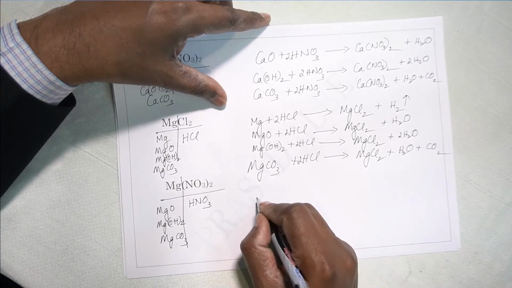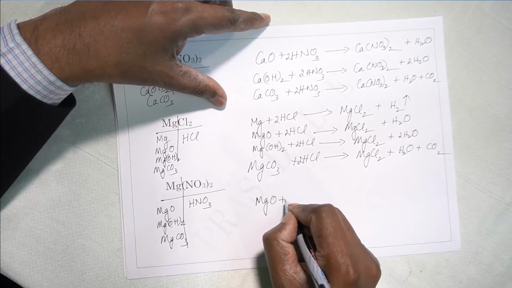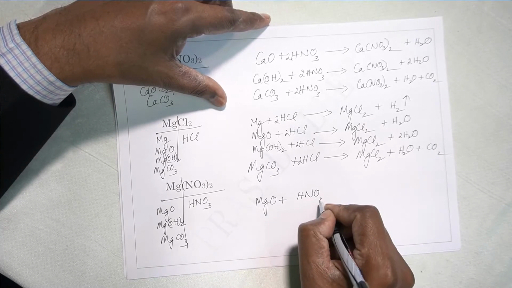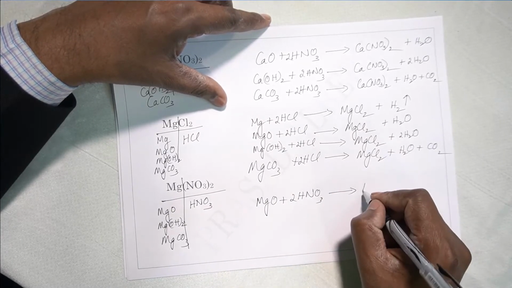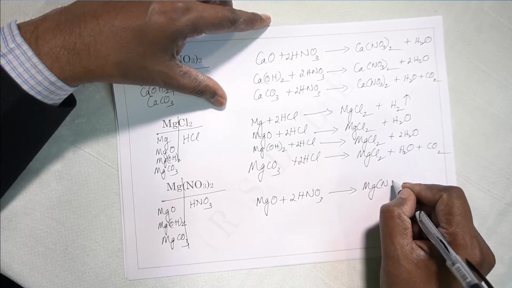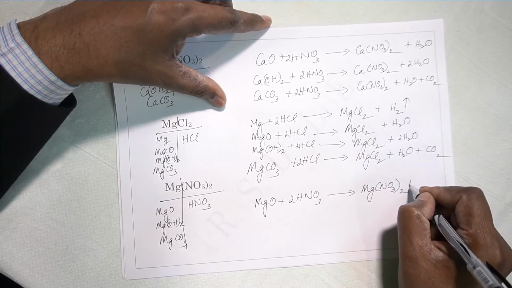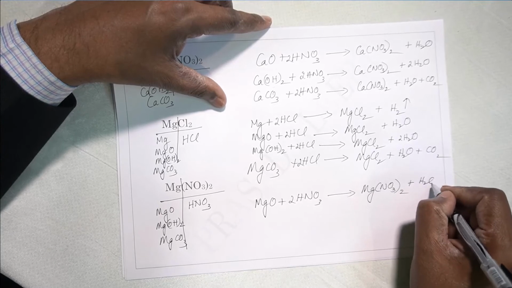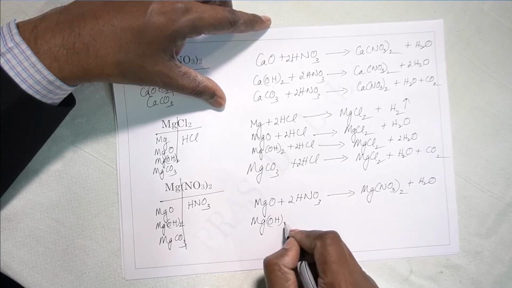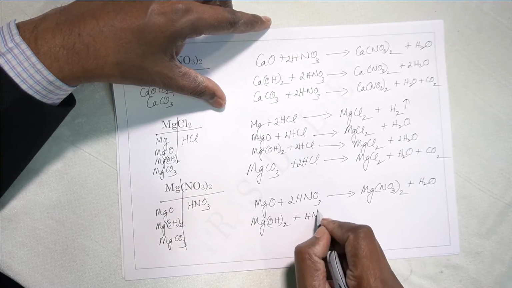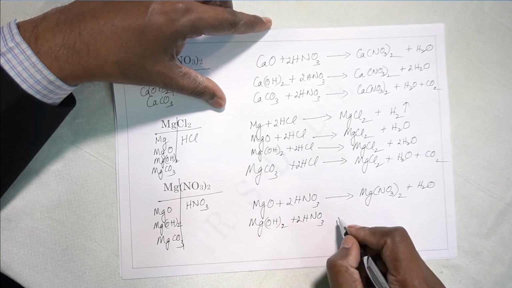Only 3 equations here. So the first reaction is MgO plus 2 HNO3 required. Magnesium is divalent, so Mg(NO3)2 plus H2O. Then we have magnesium hydroxide, Mg(OH)2, plus, as we know, 2 HNO3 required.